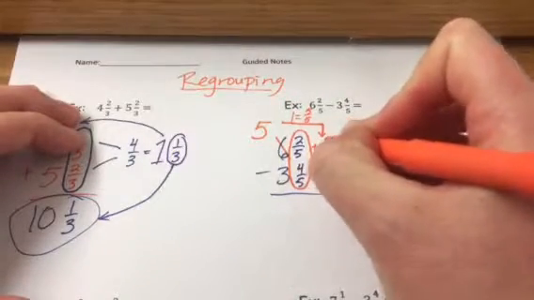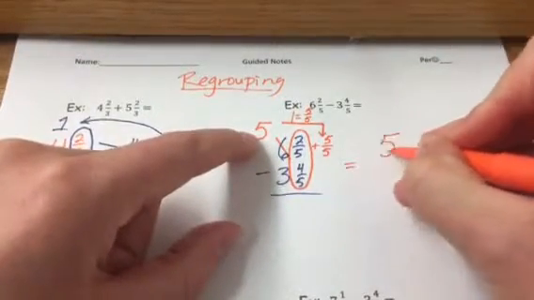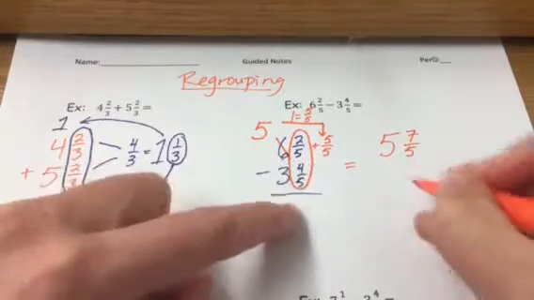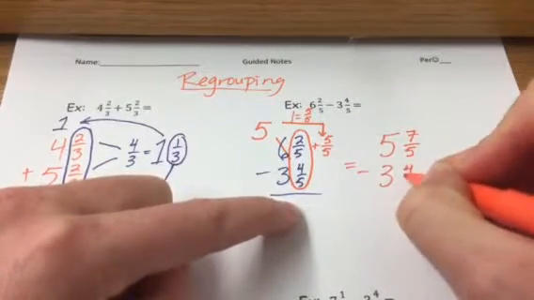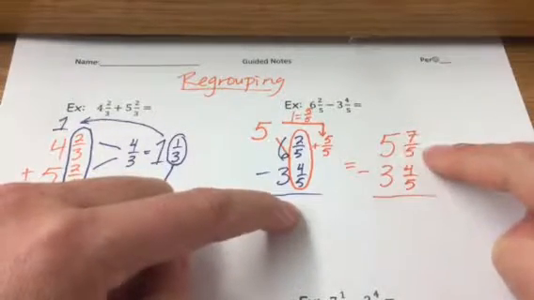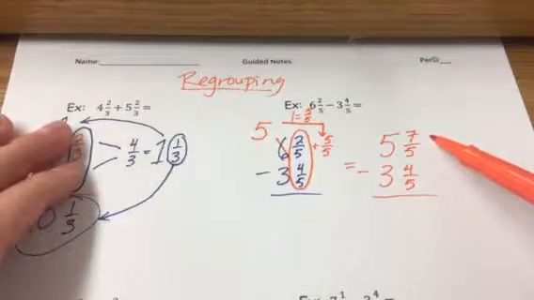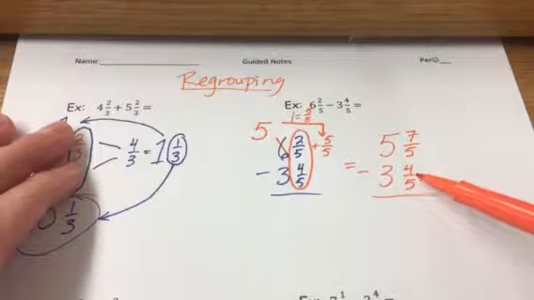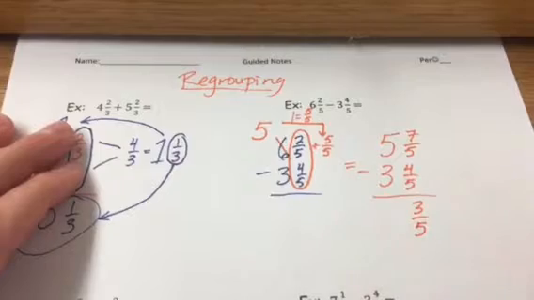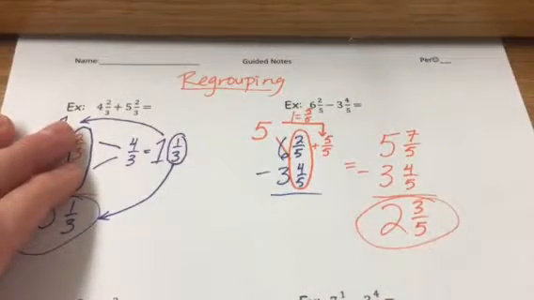So this problem is the same thing as 5 7/5 minus 3 4/5. Now normally we don't like numbers like this because we've got an improper fraction, and generally we don't love having improper fractions. But this is now helpful for us because now I can indeed take my 4/5 away from my 7/5, and I'm left with 3/5. 5 minus 3 is 2, and I'm done.